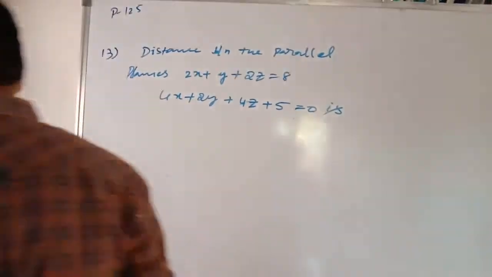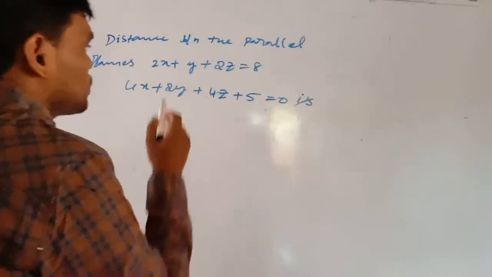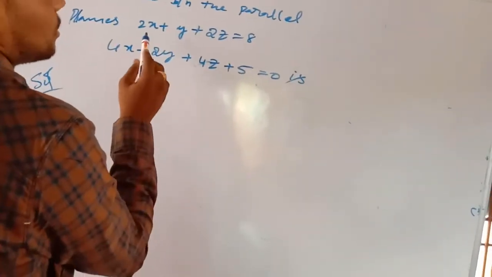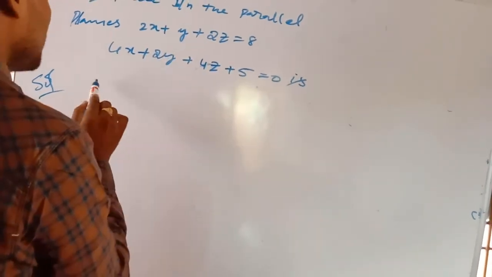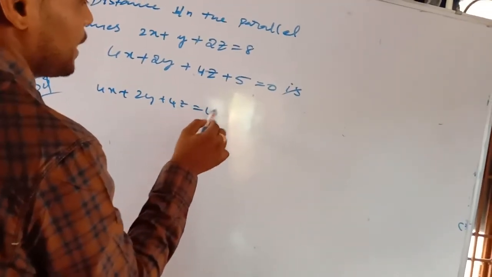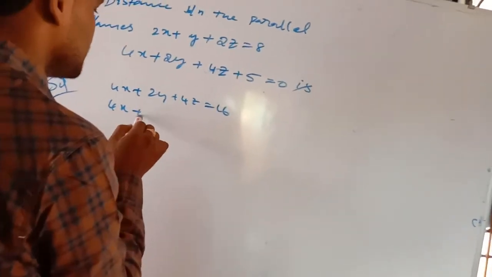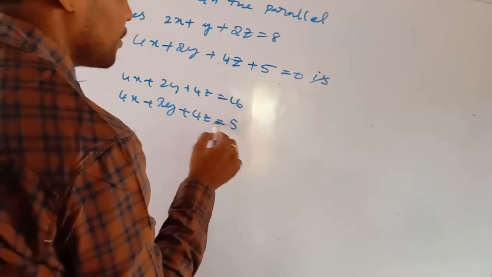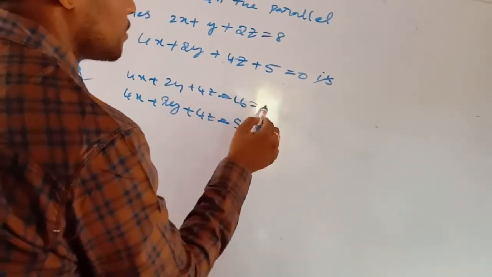Now here, this is a pair of parallel planes. That means multiplying equation 1 by 2, we get 4x plus 2y plus 4z is equal to 16, and the other is 4x plus 2y plus 4z plus 5 is equal to 0. Now this is minus 16 is equal to 0.